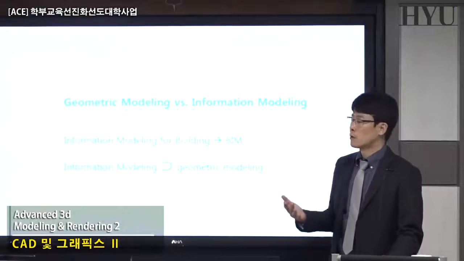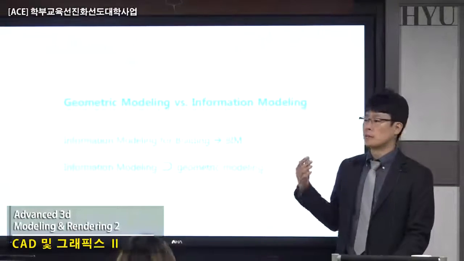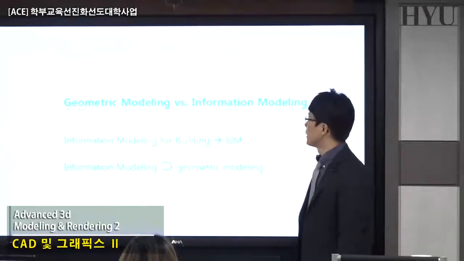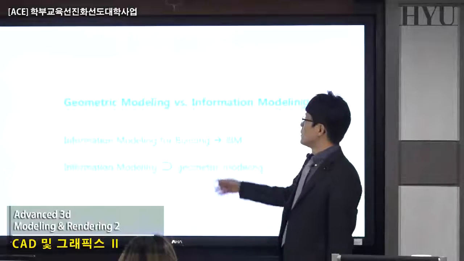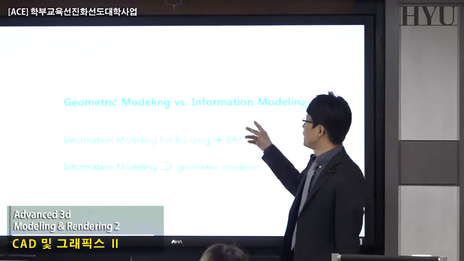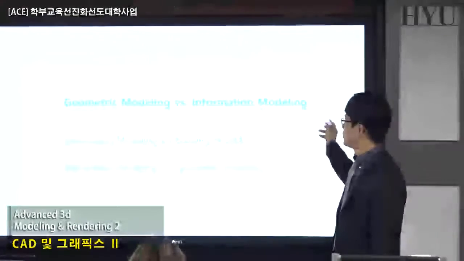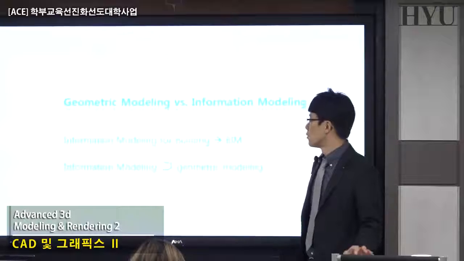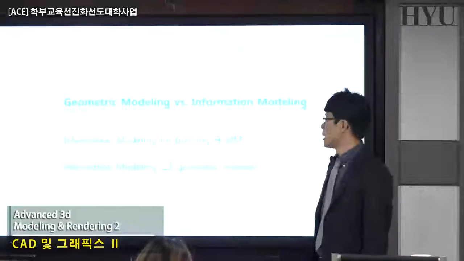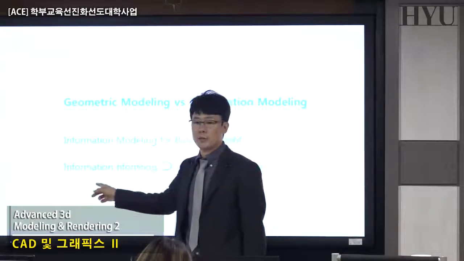So let's quickly compare geometric modeling, which we have been dealing with in this semester for CAD and computer graphics course, versus information modeling, okay? Especially information modeling for buildings, so-called building information modeling. In terms of history, one single page diagram, geometric modeling is a subset of information modeling.